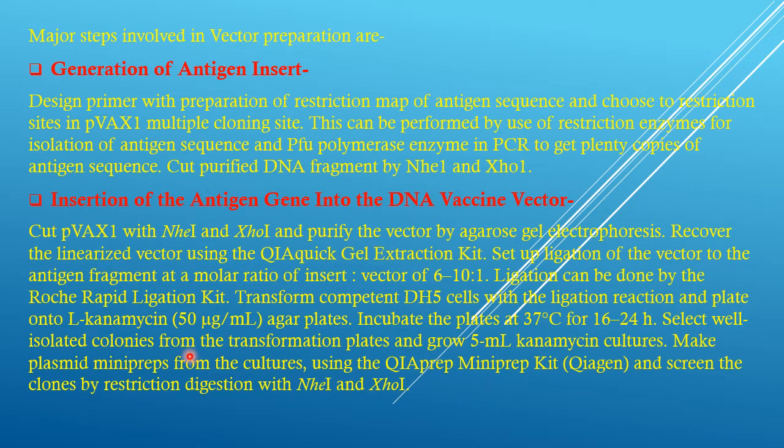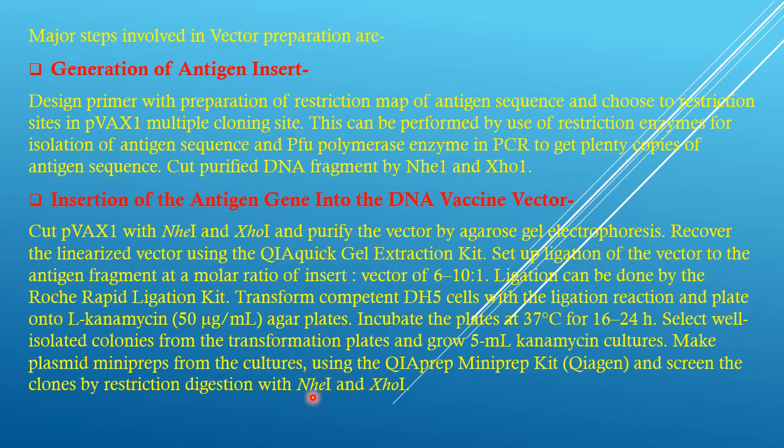Select well isolated colonies from the transformation plates and grow 5 ml kanamycin cultures. Make plasmid mini preps using the QIAprep mini prep kit and screen the clones by restriction digestion with NheI and XhoI.